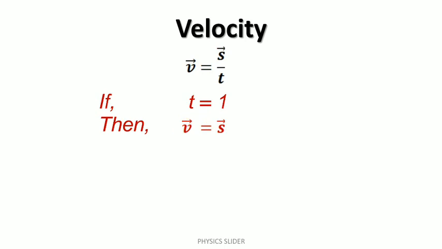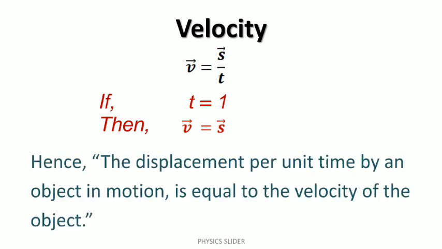What is this? This is the displacement per unit time by an object in motion is equal to the velocity of the object. So we can say that the displacement per unit time by an object in motion is equal to the velocity of the object.